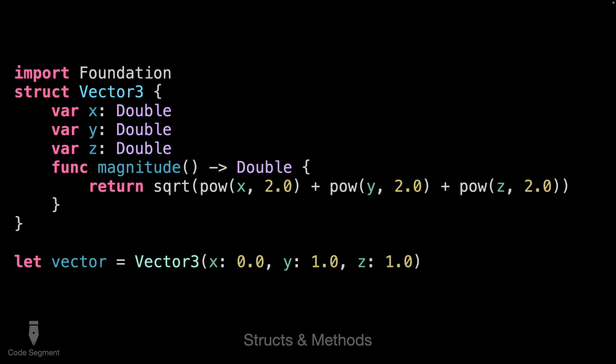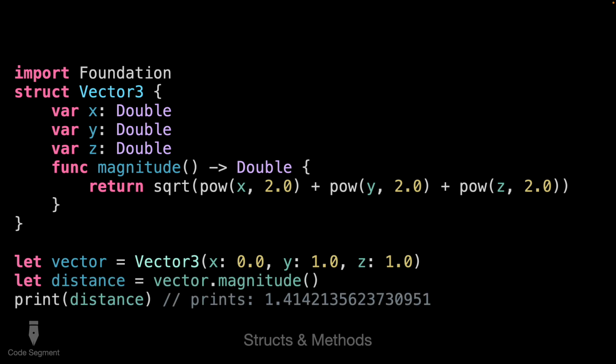The only difference is that it acts within the scope of whatever type you define it on, and then you can call that function using dot syntax, just like we were using to access the stored properties. So in this case, we want to calculate the magnitude of this vector.